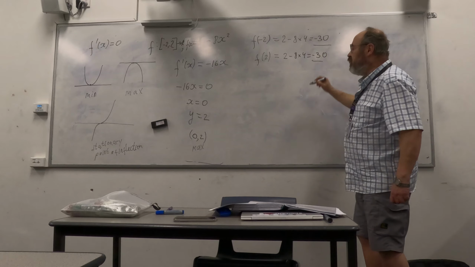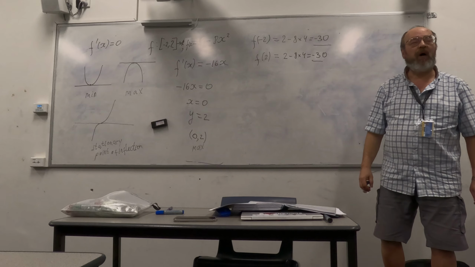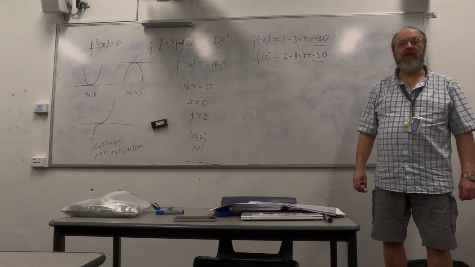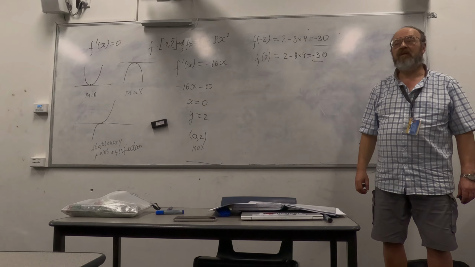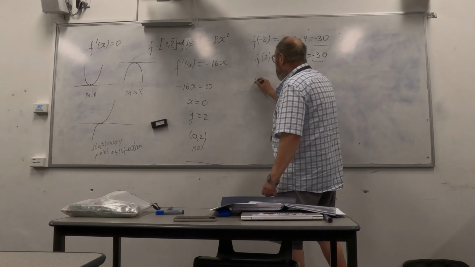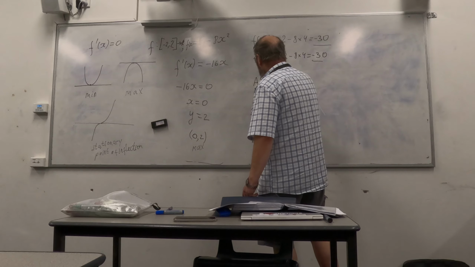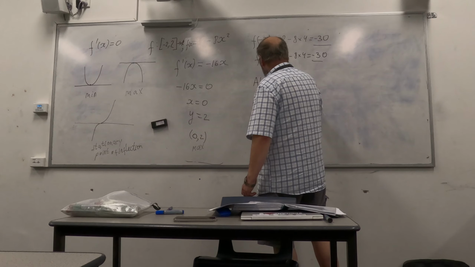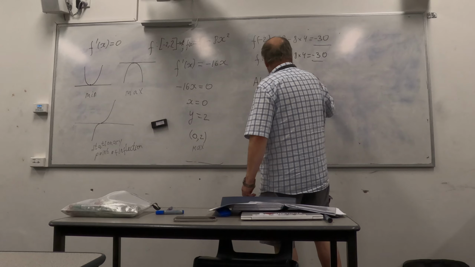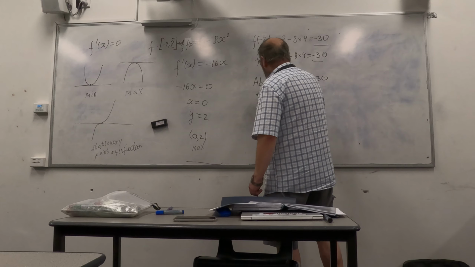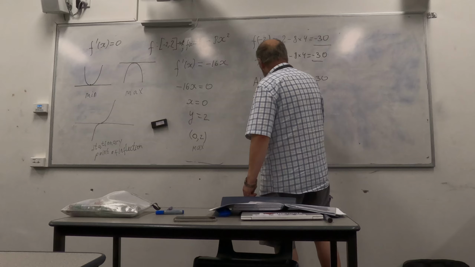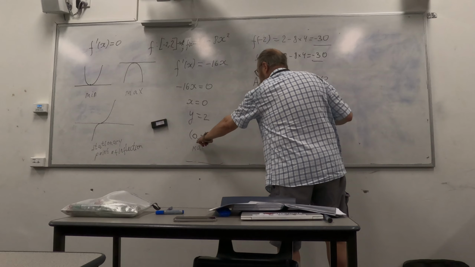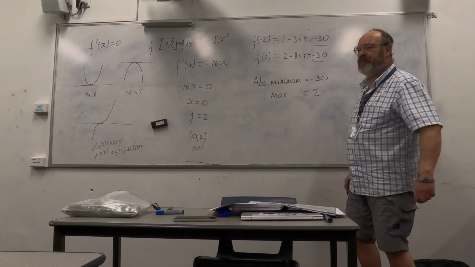So what is the smallest value of y on the given interval? Negative 30. So absolute minimum equals negative 30. Absolute maximum is at the turning point.